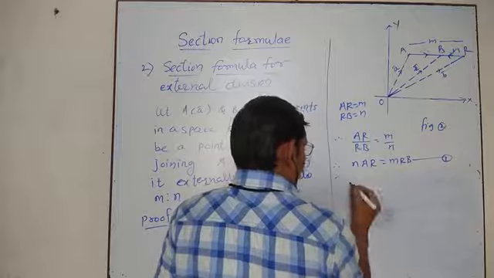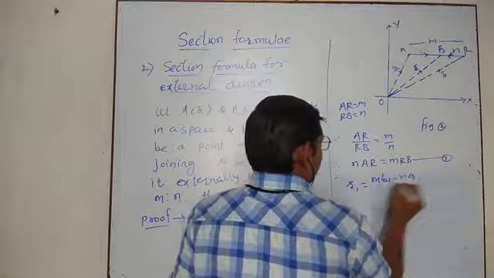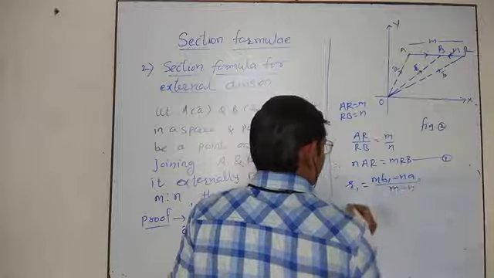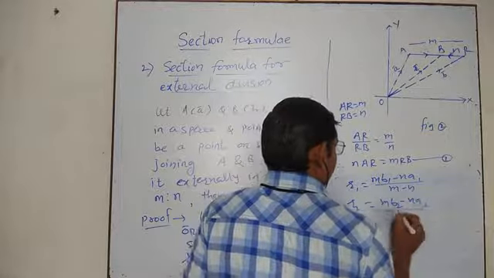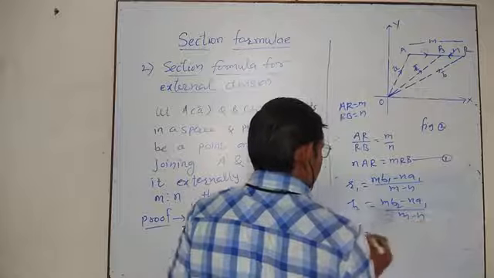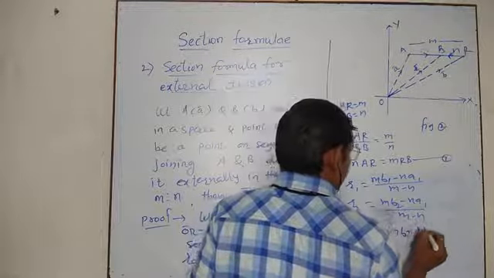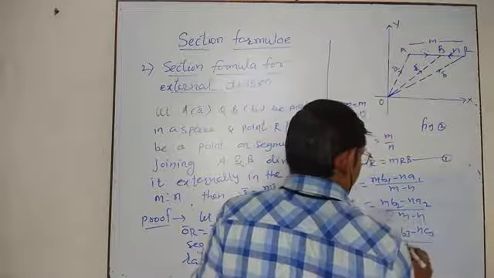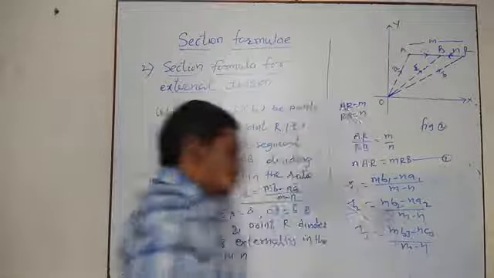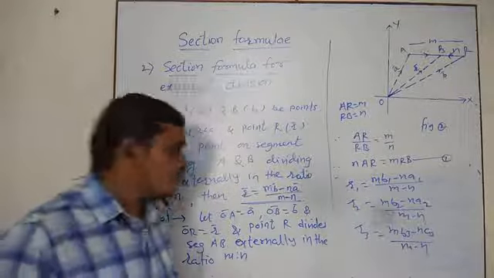So here we find R1 is equal to (m b1 minus n a1) upon (m minus n), R2 is equal to (m b2 minus n a2) upon (m minus n), and R3 is equal to (m b3 minus n a3) upon (m minus n). So in this way we find the coordinates of the point of division.